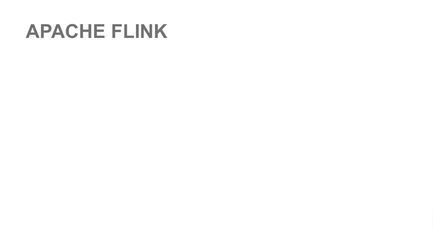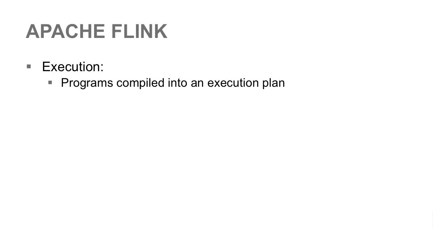Apache Flink is the new system in the Apache Hadoop ecosystem. And one of the interesting features of Apache Flink is that the programs are compiled into plans. And these plans are then optimized and then eventually executed. So if you're coming from a relational database background, you will say, well, this is nothing new. We have been seeing that in relational databases.